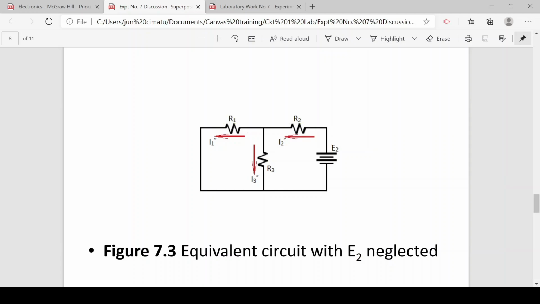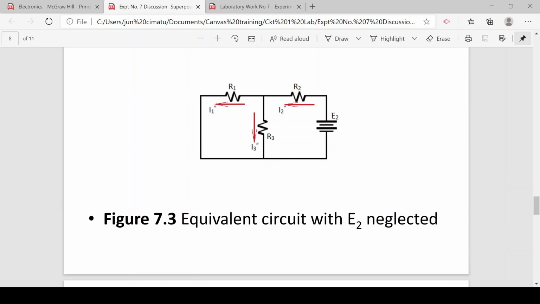This is the total current supplied by E2 and shall be divided in R1 and R3. Let's name the current towards R1 as I sub 1 double prime, and at the branch R3 as I sub 3 double prime. So these are the component currents due to E2. These currents may again be calculated by simple circuit reduction applying Ohm's law.